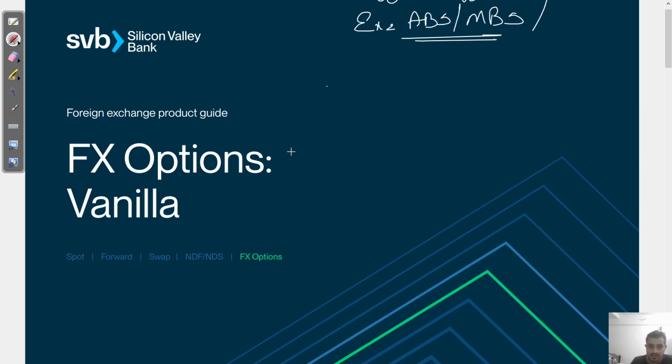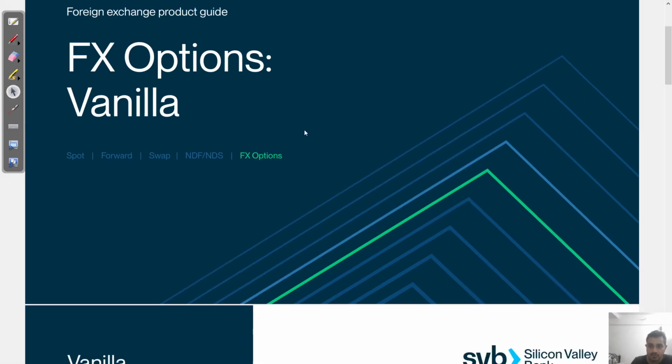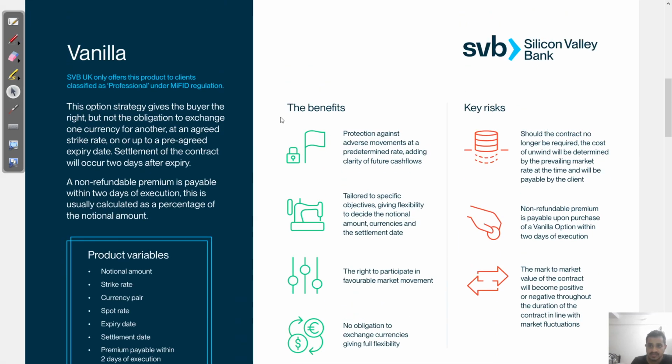So going ahead with FX options, let's understand what a vanilla FX option means. This option strategy gives the buyer the right but not the obligation. As we have said before, in an option contract, if you're a buyer of the call option or put option, you always have the right but not the obligation.